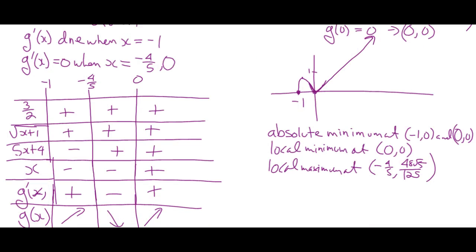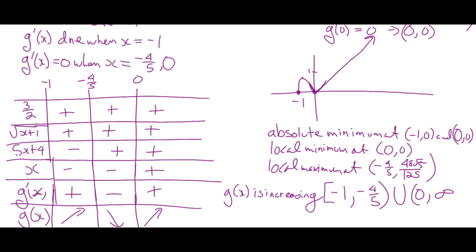So we'd say g of x is increasing from negative 1. And it's defined at negative 1, right? So it's a square bracket. So from negative 1 to negative 4/5, a round bracket, and from 0 to infinity.